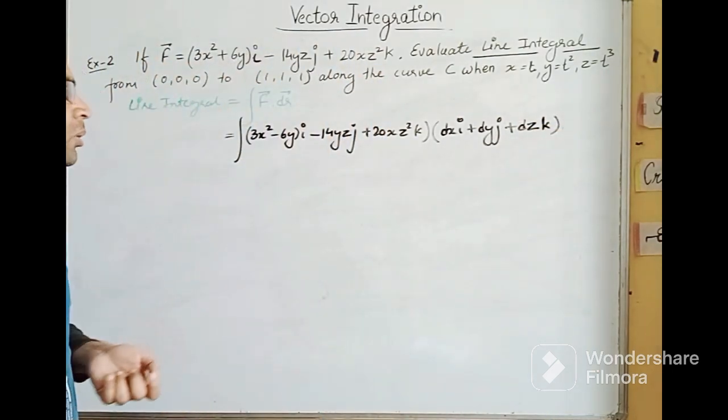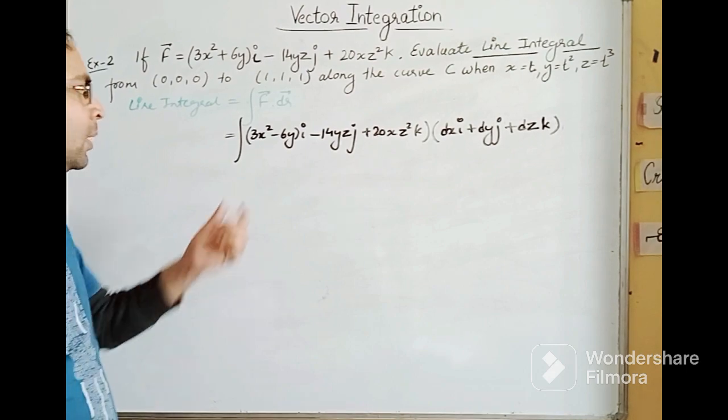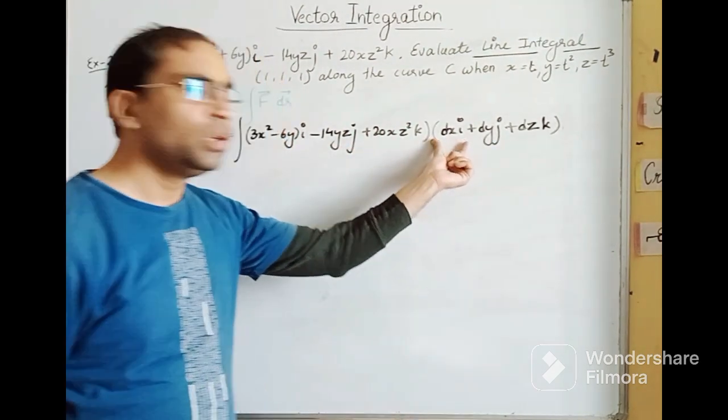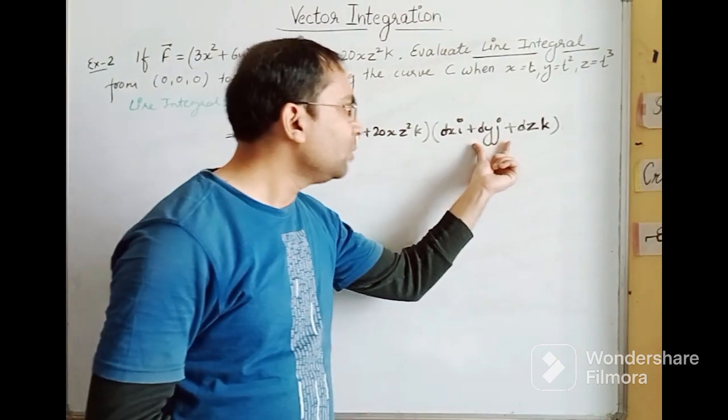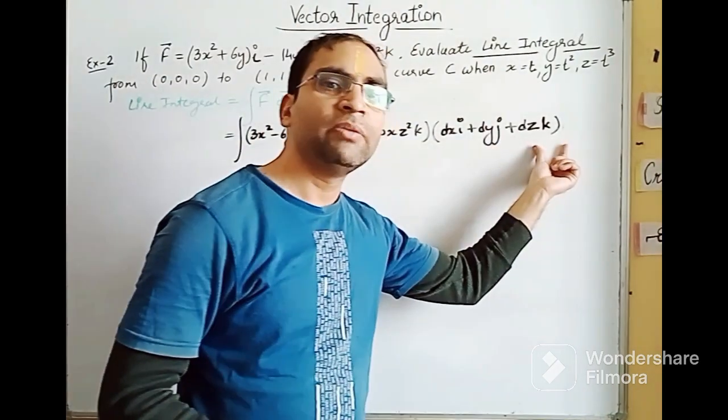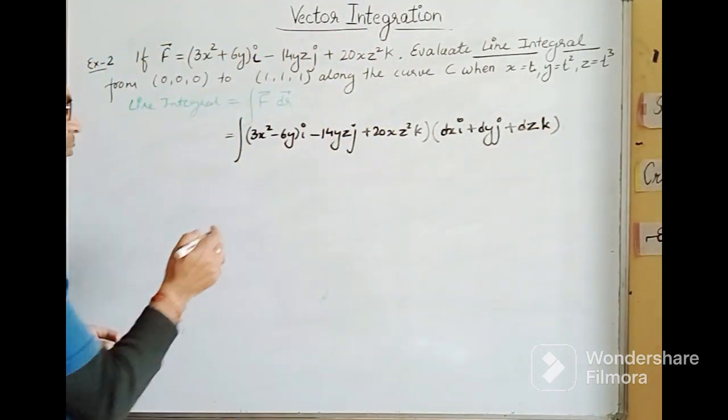Now we have to perform the dot product, and we all know that in a dot product only i dot i will be 1, j dot j will be 1 and k dot k will be 1. Everything else will be 0. So now let's perform the dot product.